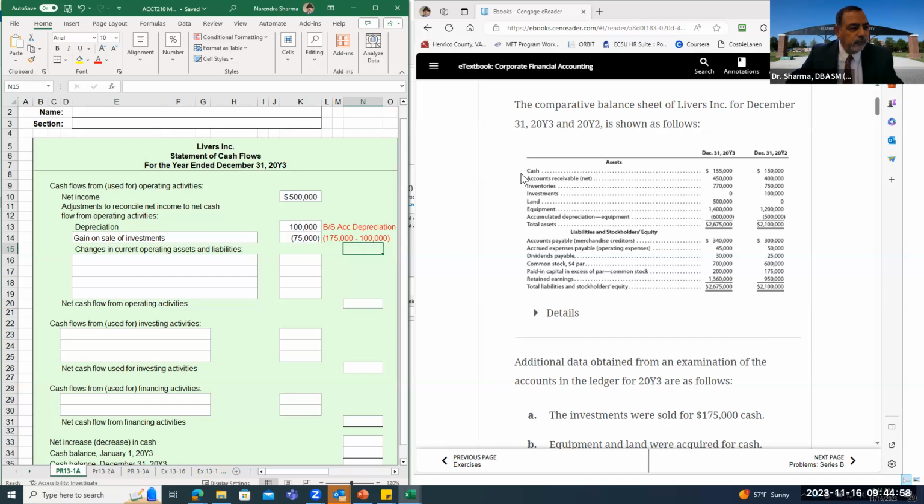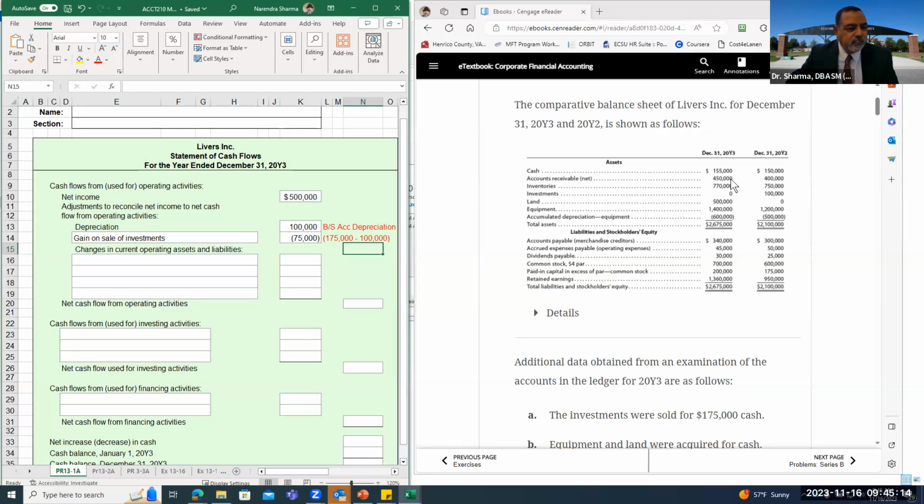So let's look at accounts receivable. It was 400,000 last year. Now it is 450,000, so it has increased.